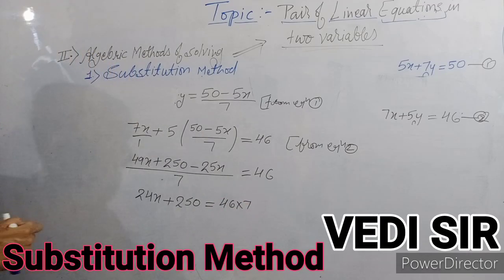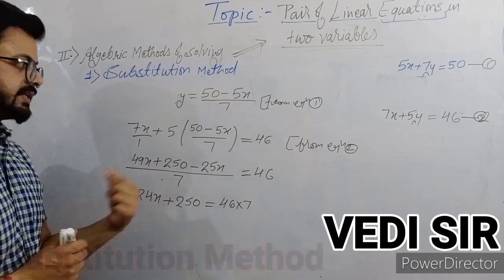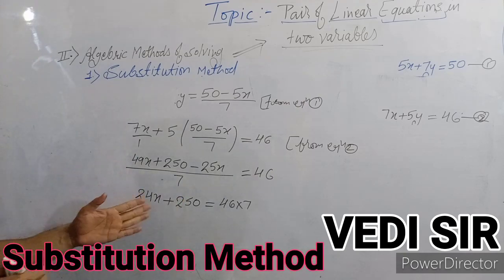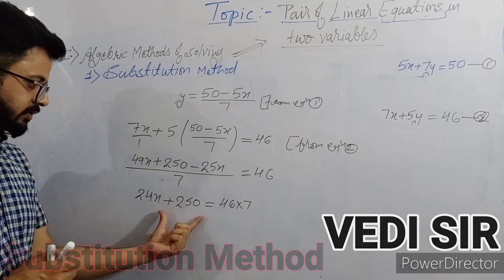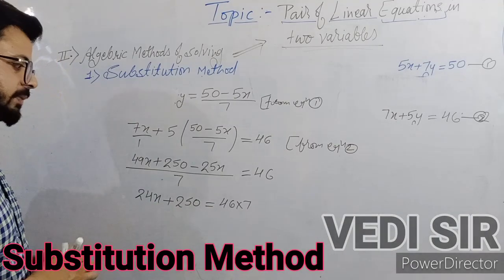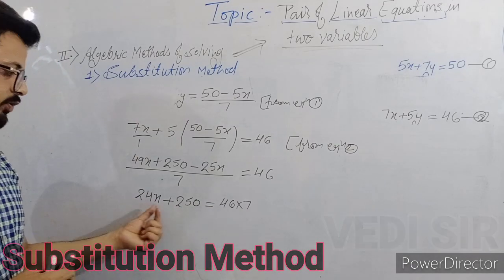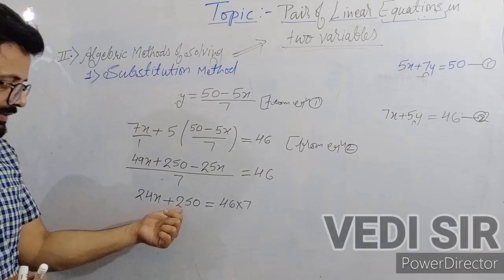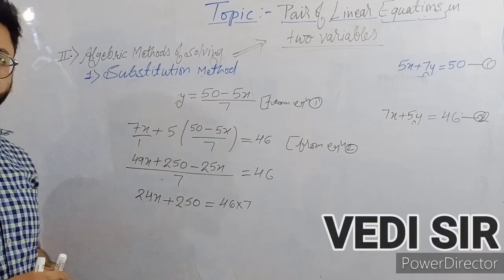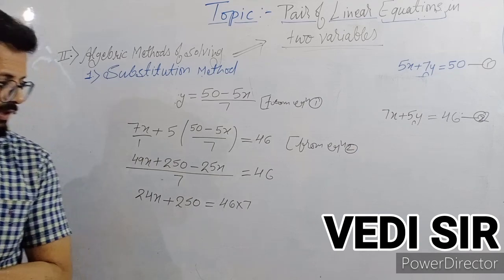Now you can cancel out also, it's your choice. Here both sides are divisible by 2, meaning you can take 2 common. Is 250 divisible by 2? Check it.